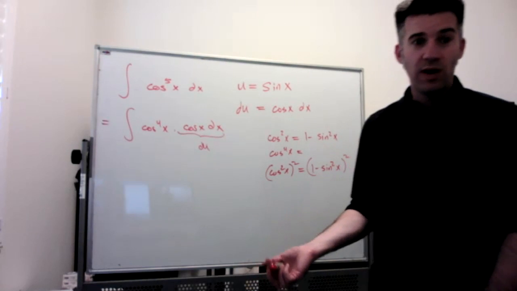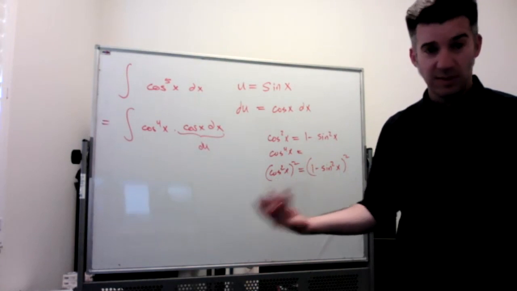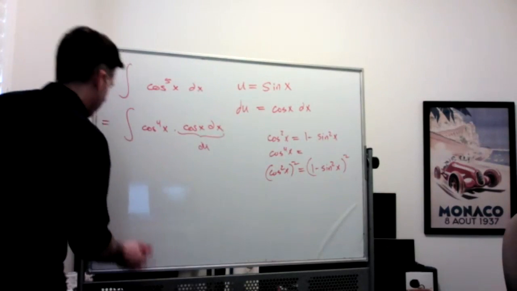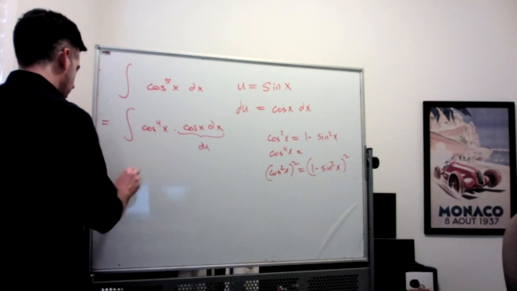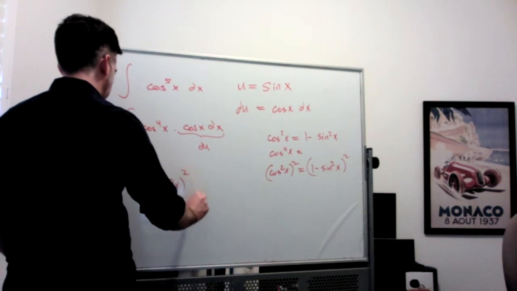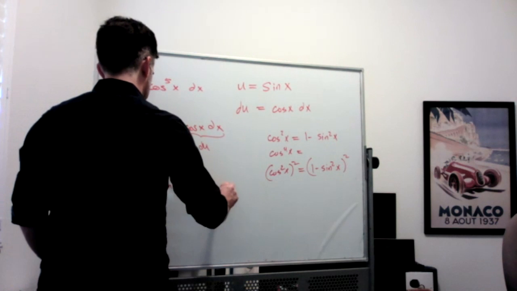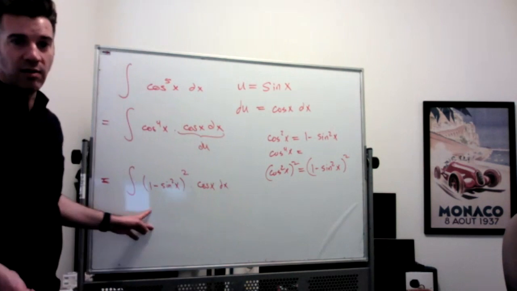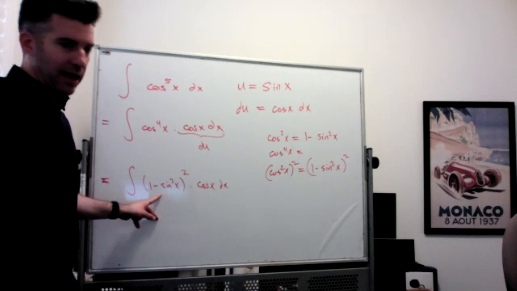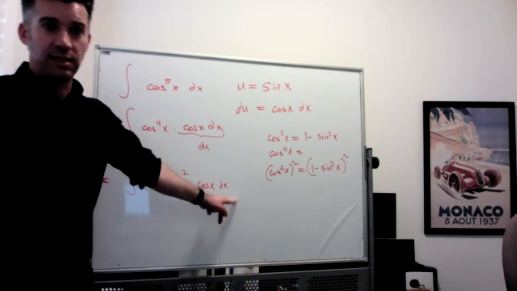So really, if you wanted to, before doing the u substitution, you could say, well, James, I know you're just messing with me. I know that we really have the integral of 1 minus sine squared x quantity squared times cosine of x dx. And then it seems a little bit more natural to be like, oh yeah, I can let u equal sine, and then du is going to be cosine x dx.